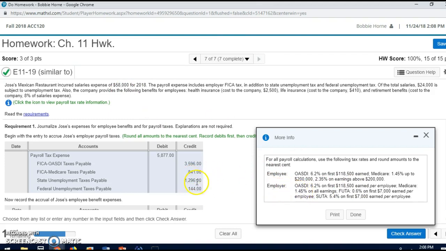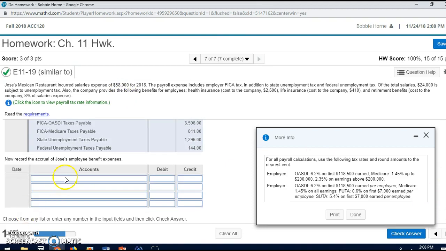Then for the unemployment taxes, it says in the problem only 24,000 is subject to the tax. So take 0.006 times 24,000 to get this one, to get the federal, and then take 0.054 times the 58,000 to get the state.